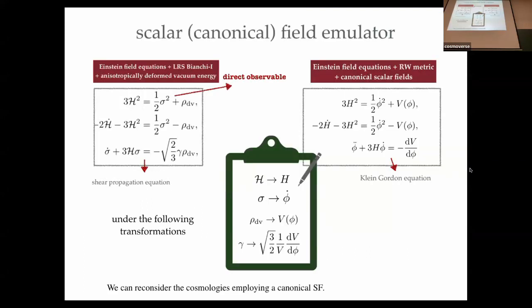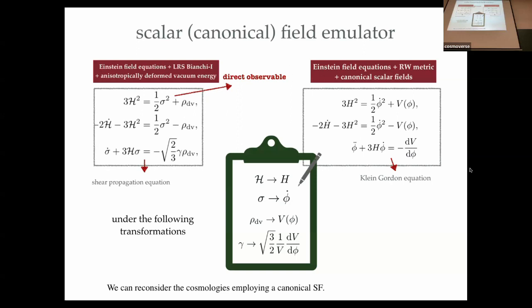These are the field equations. Mathematically, they are equivalent to each other under the following transformation. There is a relation between the skewness and the rate of change of the potential, and actually the change of the scalar field directly determines the square of the cosmic shear.